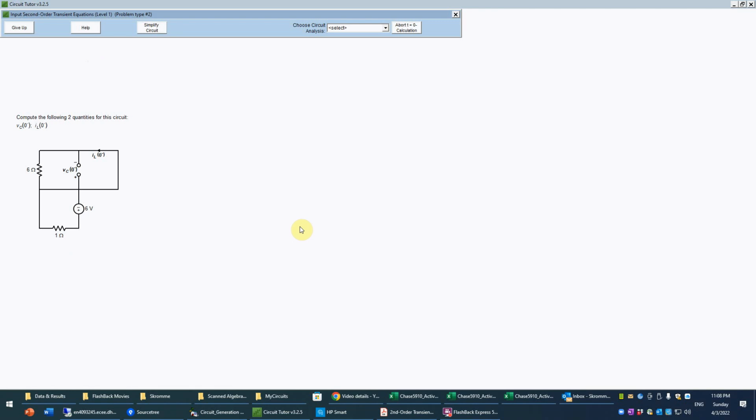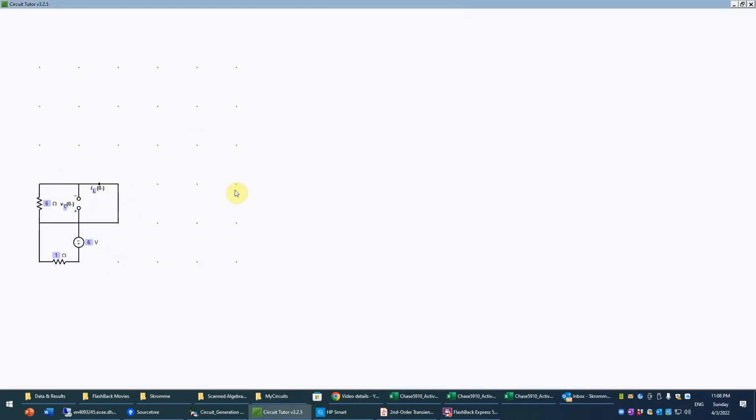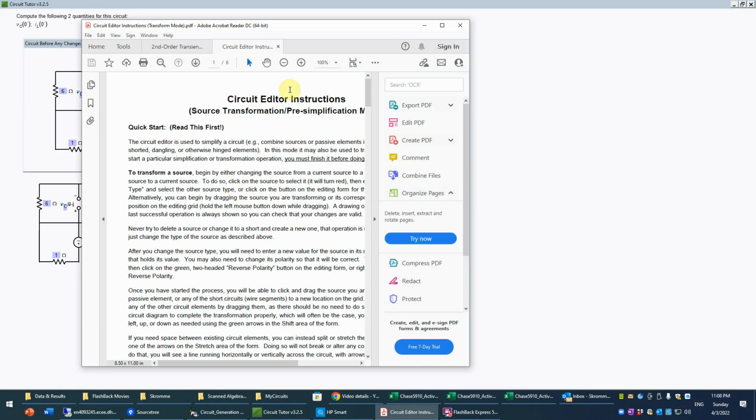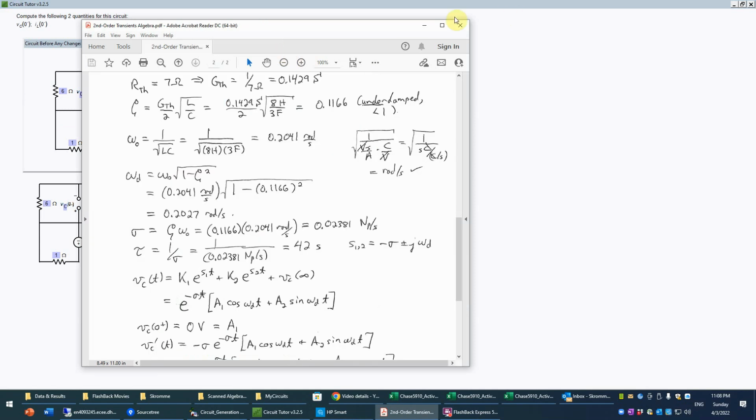Okay, so now we have to evaluate these two quantities. The capacitor voltage is going to be trivial because it's in fact shorted by the inductor. The inductor current is actually going to be pretty trivial here too, but let's go into the circuit editor just to emphasize that. And again, we get some instructions there.